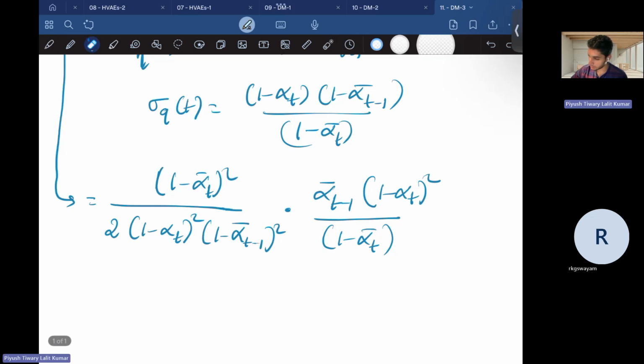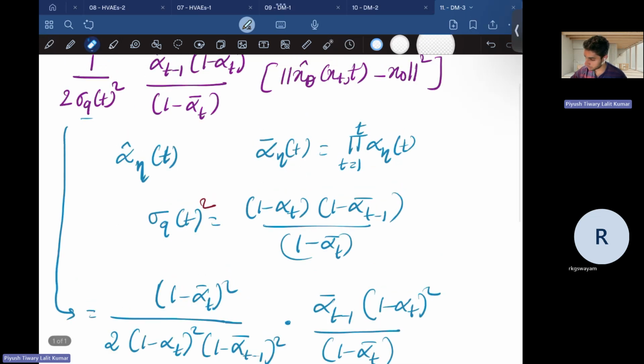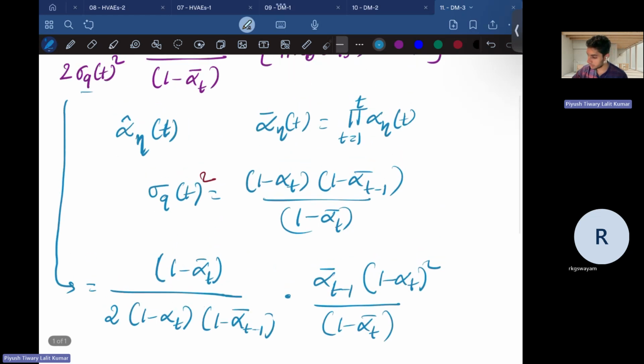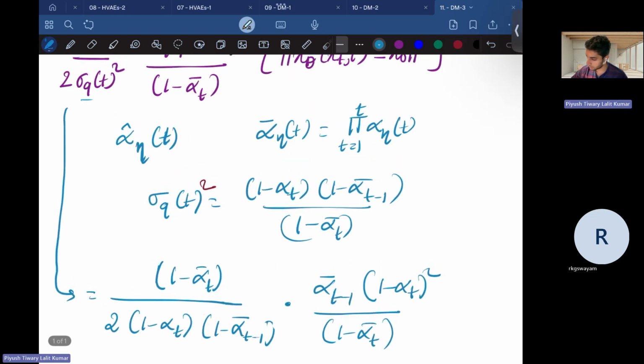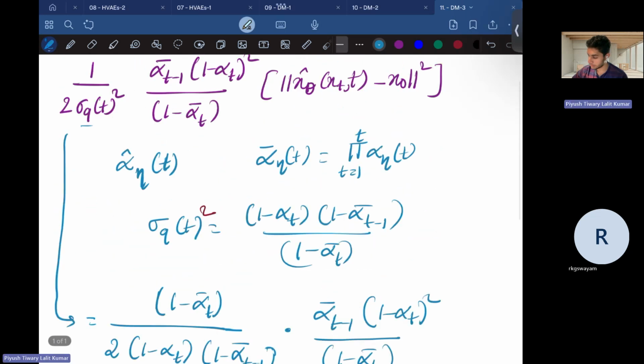So if that is the case, then this is actually sigma q square, and because of that there will be no squares involved basically. Sorry for this mistake. Apologies. So there won't be any squares involved, and this is what it will be.